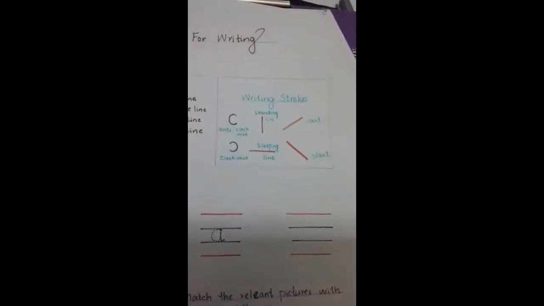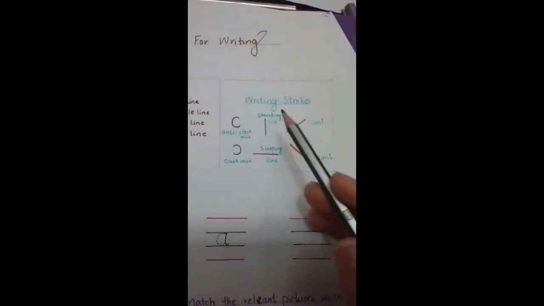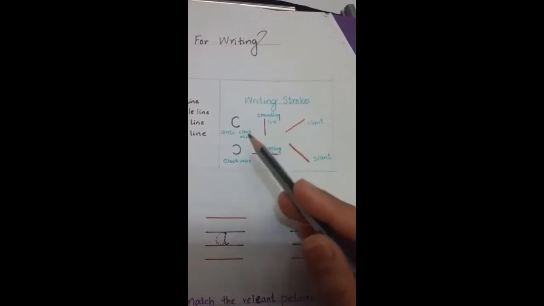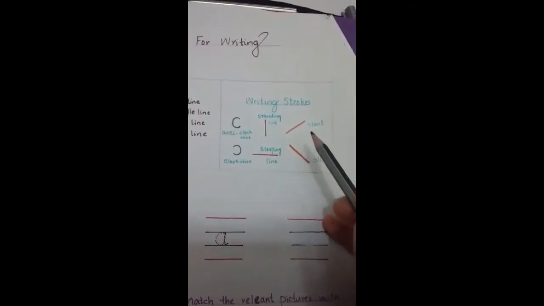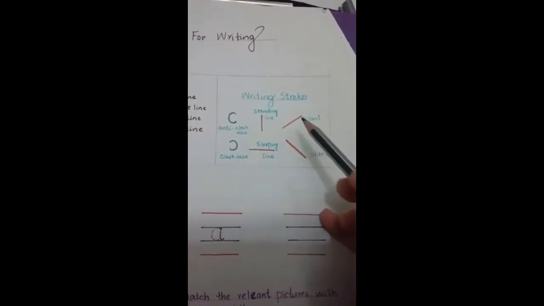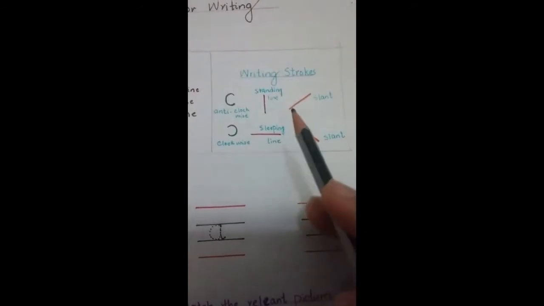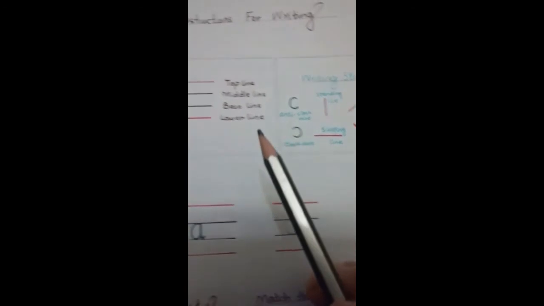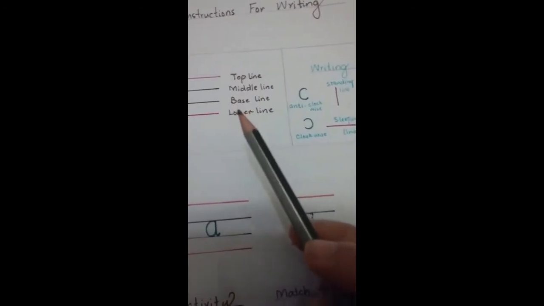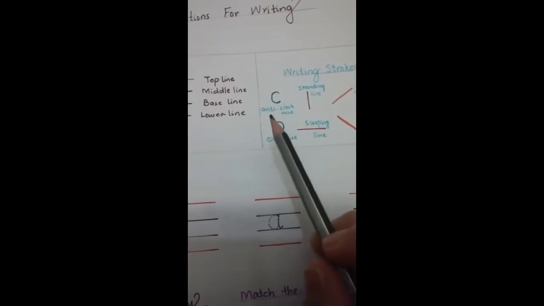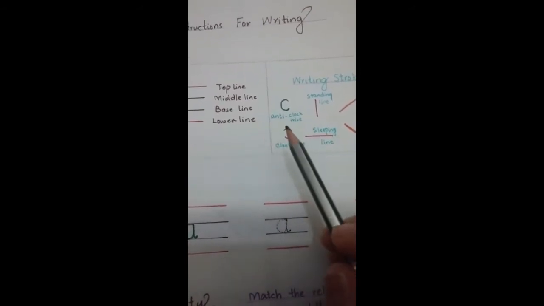Excellent. Okay, here you can see some kinds of writing strokes. These are writing strokes. Yes, and these are 6 in numbers. We cannot write any letter without these strokes. So, these 2 parts, a line pattern and writing strokes, are very important when we write any letter.